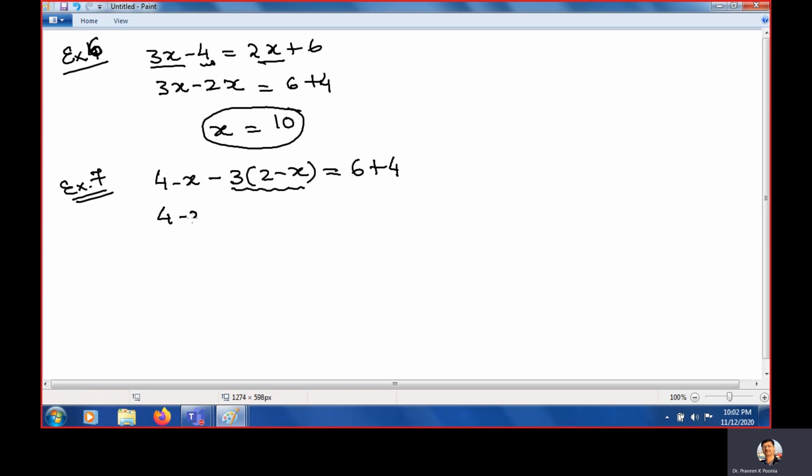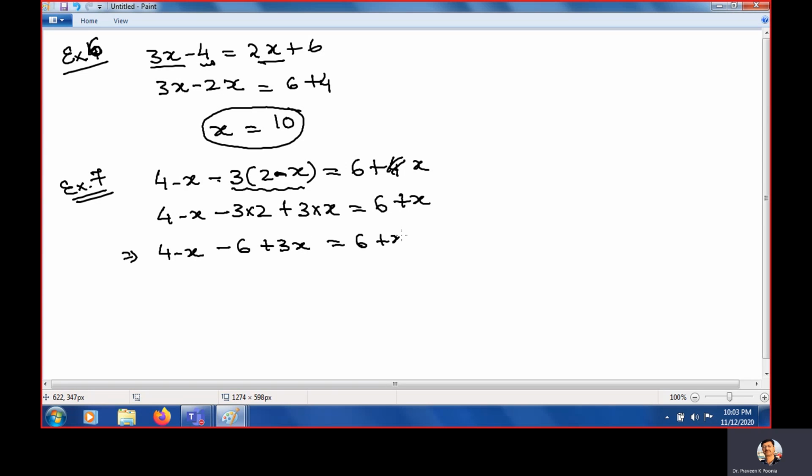So 4 minus x minus 3 times 2, minus minus plus 3 times x, equals 6 plus x. So this implies 4 minus x minus 6 plus 3x is equal to 6 plus x.